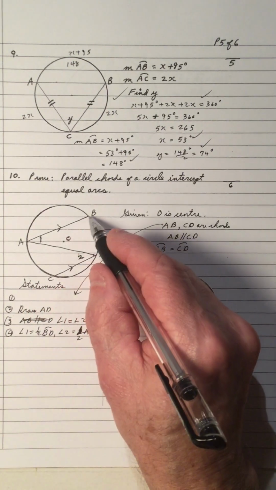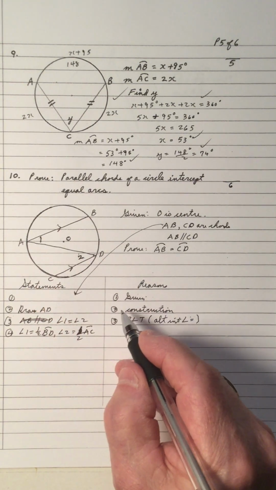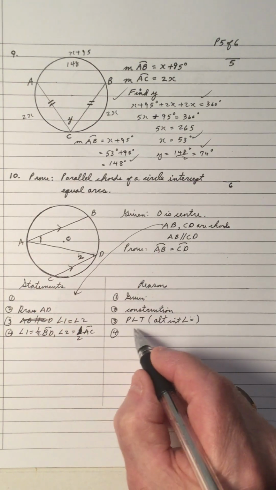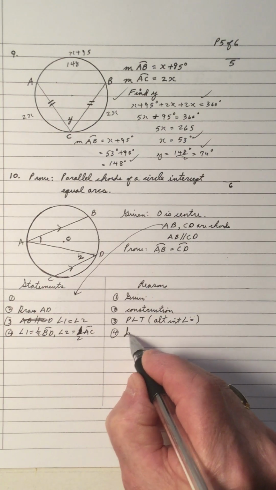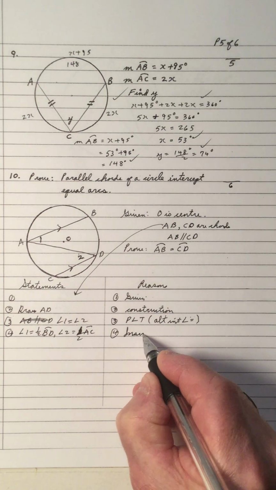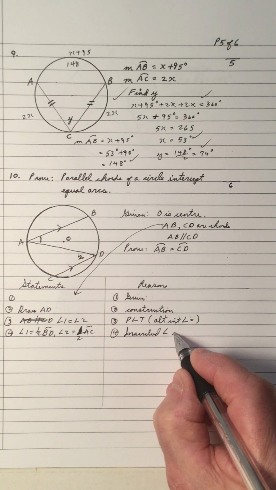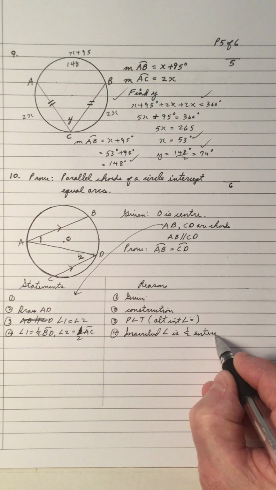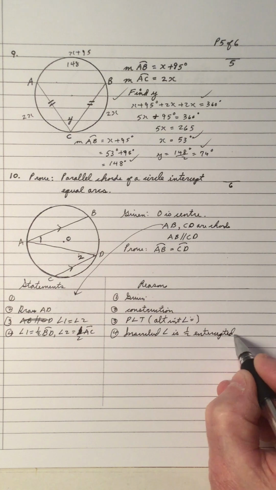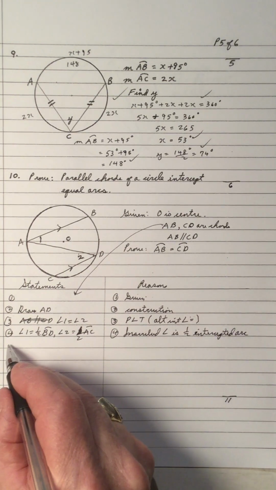So angle 1 is half of BD, and angle 2 is half of the arc AC. The inscribed angle is half the intercepted arc.